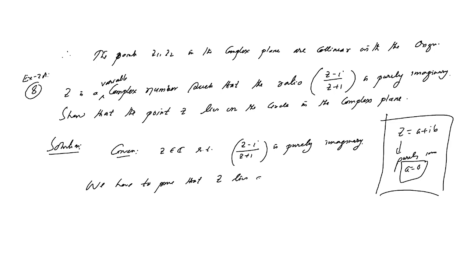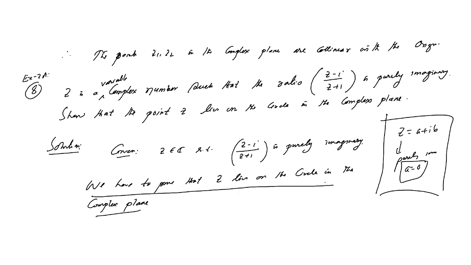So we have to prove that Z lies on a circle in the complex plane. This is our work to do. So now just let Z equal x plus iy. Then we will calculate the ratio (Z minus i) by (Z plus 1).